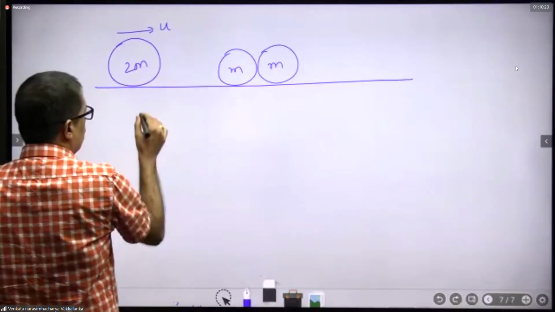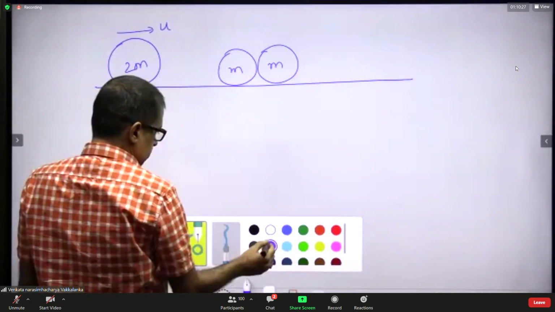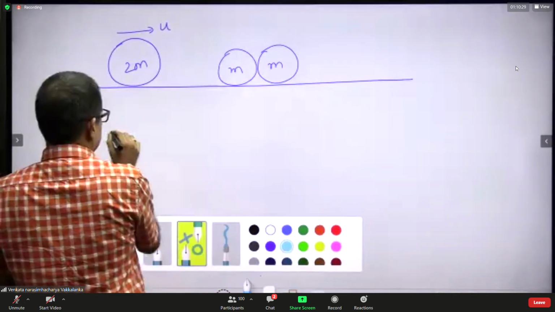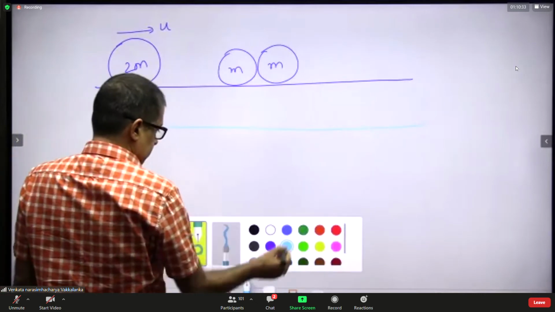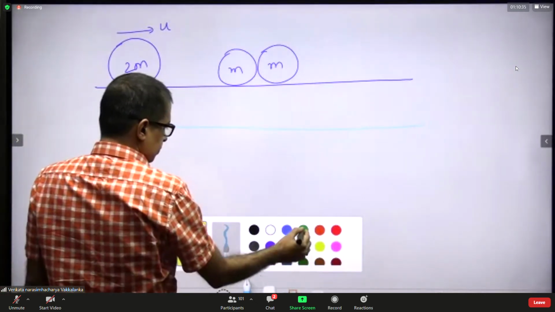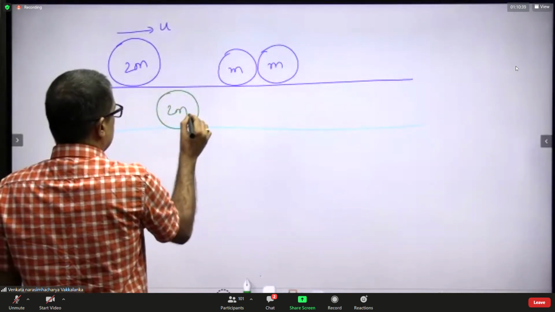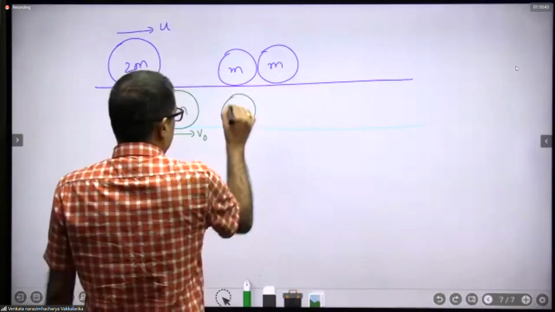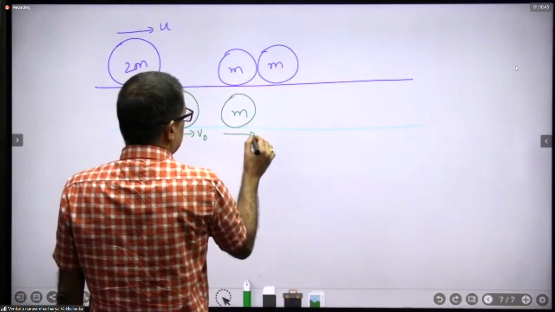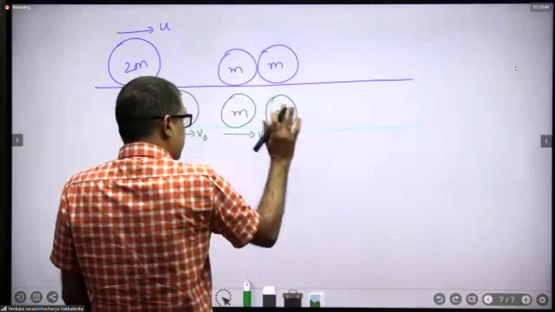So first of all, after collision, what will you consider? After collision, 2m is moving with a velocity v0. m is moving with a velocity v1, and this m is at rest.